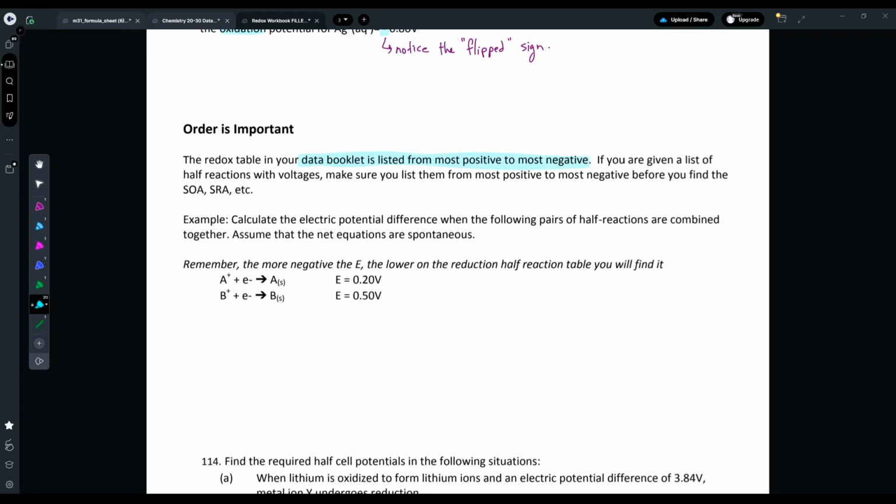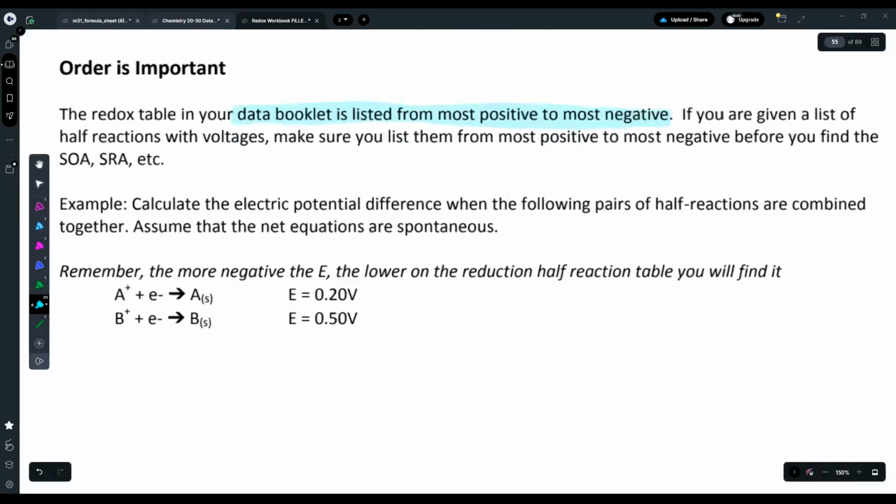Okay, so with that, we're given an example. Calculate the electric potential difference when the following pairs of half reactions are combined together. Assume that the net equations are spontaneous. Remember, the more negative the electrical potential, the lower on the reduction half reaction table you will find it.